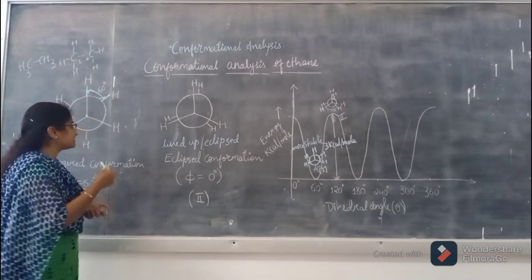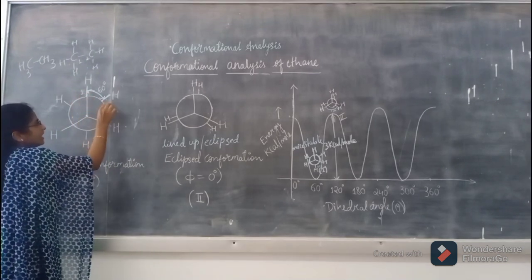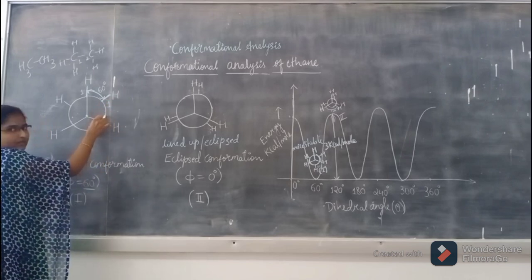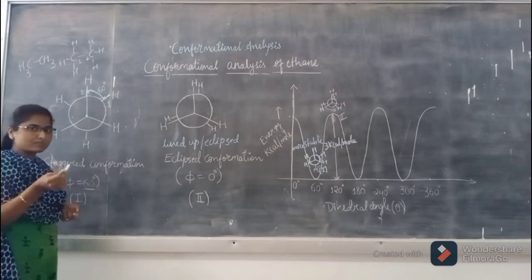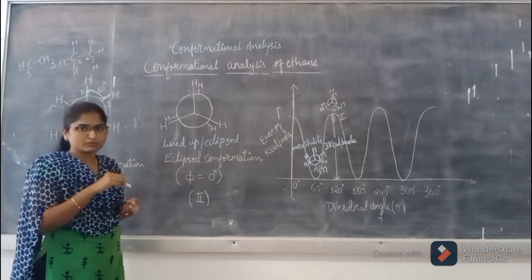For example, see here, this is the first hydrogen atom of the front carbon and the first hydrogen atom of the back carbon atom. Refer to the first hydrogen atoms for both carbon atoms.